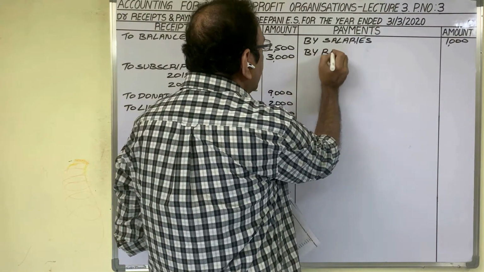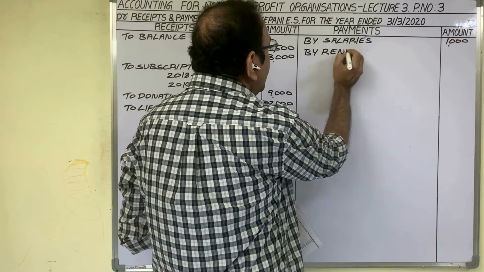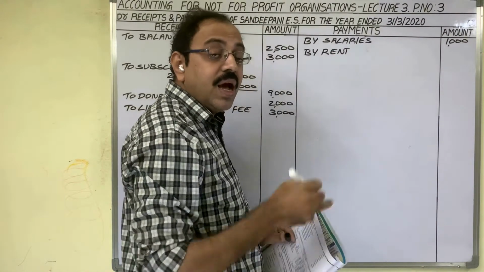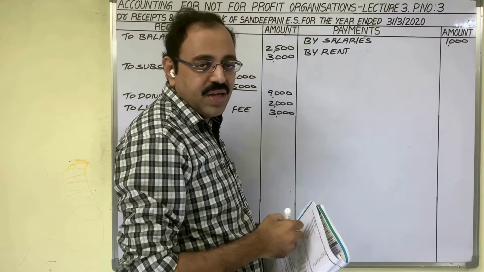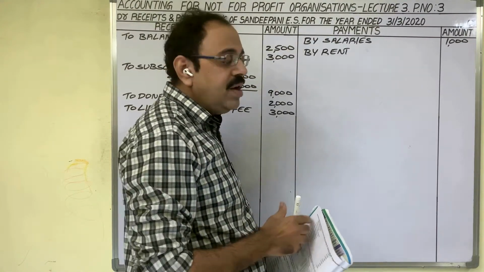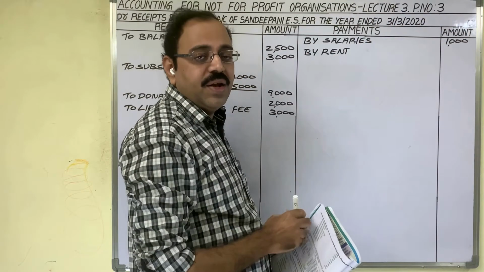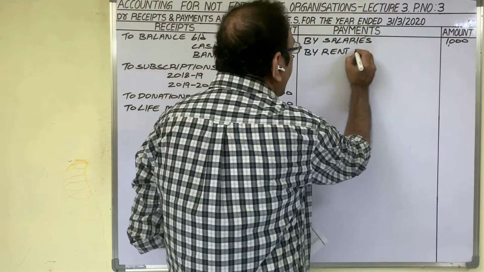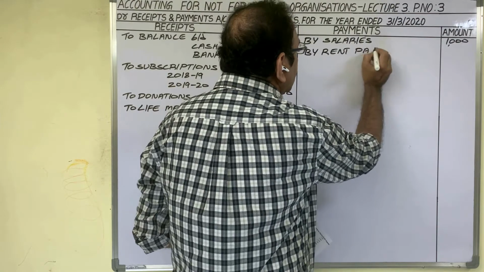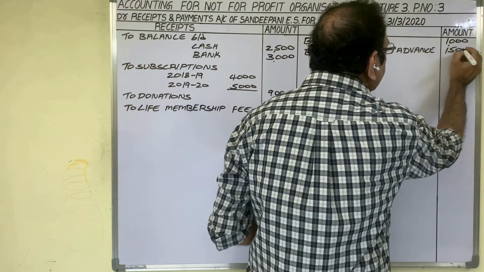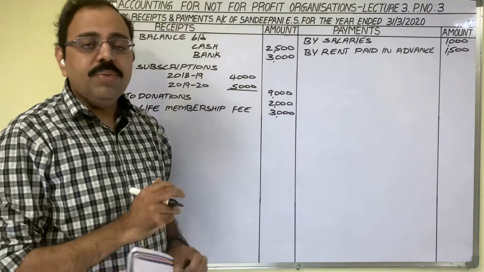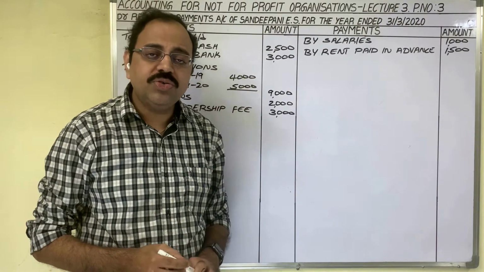Don't show just rent. If you write only the word rent, it gives the meaning that current year rent you are paying in current year. Clearly, you have to mention that this rent belongs to next year, but we are paying in current year. Therefore, rent paid in advance, 1,500 rupees. Next, honorarium paid. Honorarium means what?